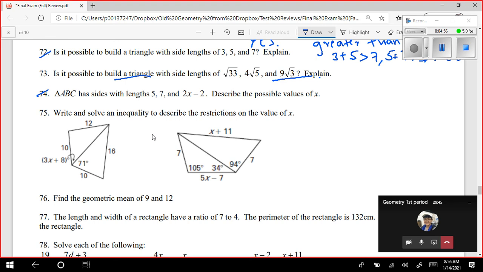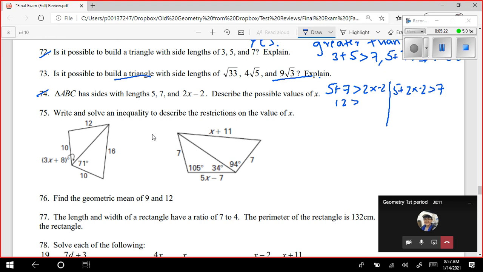So from this particular setup we'll get some inequalities, right? These are the possibilities. 5 plus 7 is greater than 2x minus 2, and 5 plus 2x minus 2 is greater than 7. Let's first simplify these two and we will go to the third in a while. 5 plus 7 is 12.